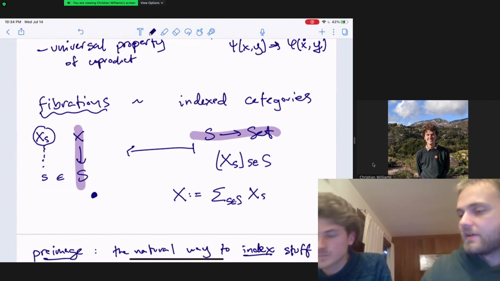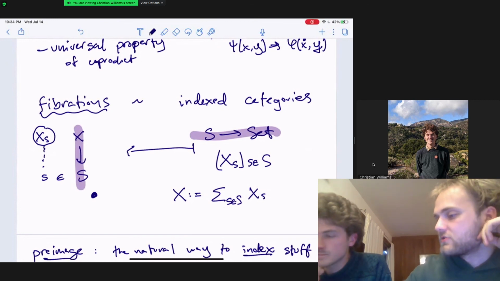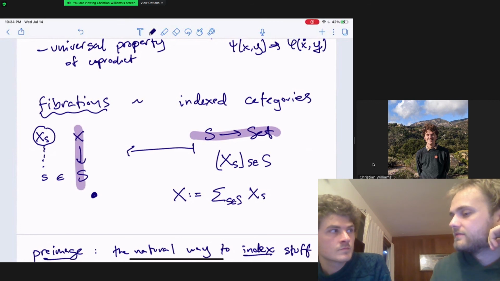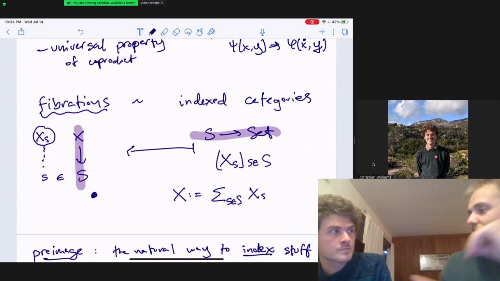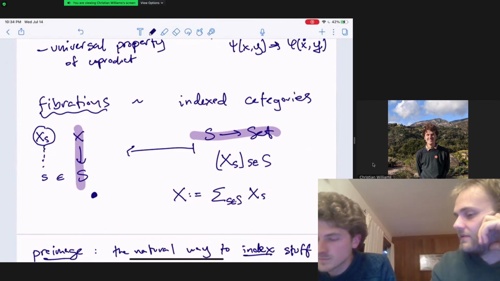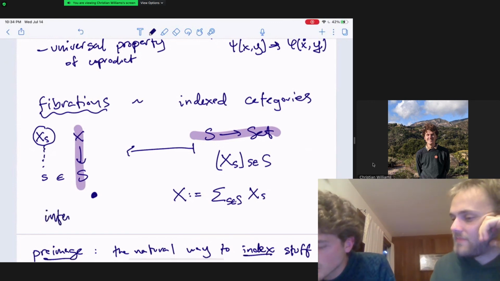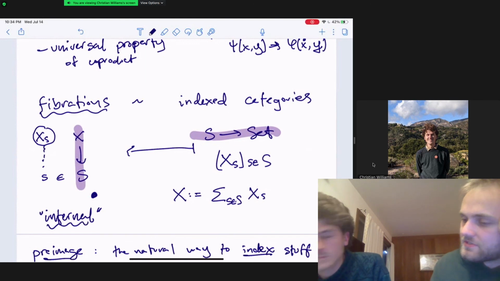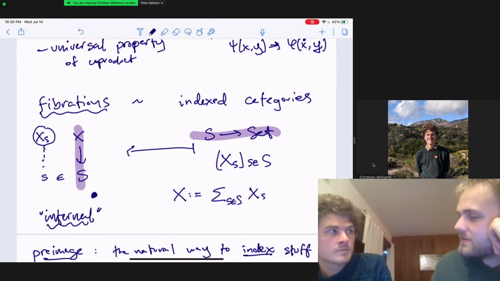This is a more external definition that depends on this external category Set, and maybe in another 2-category this generalizes. Definitely.